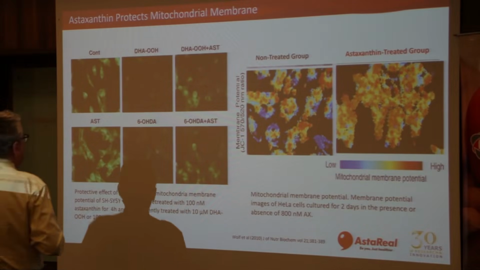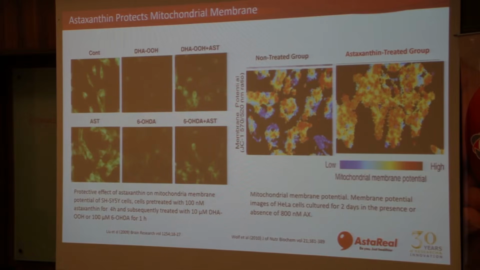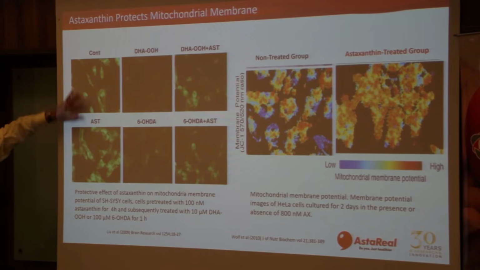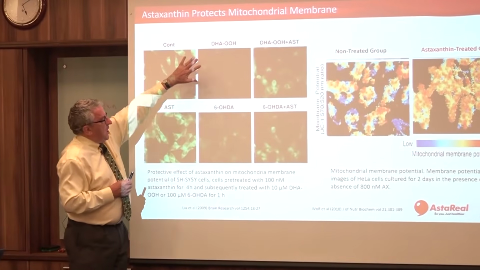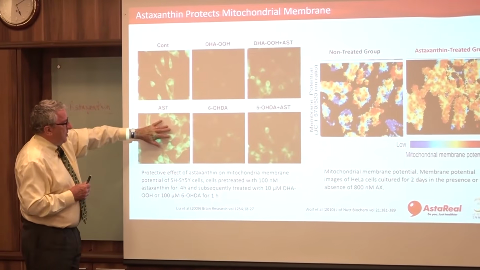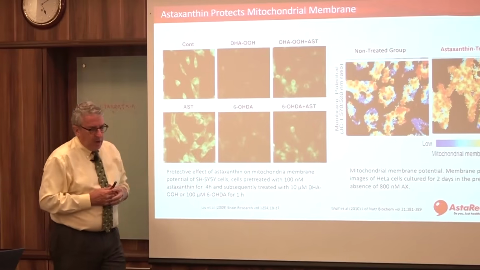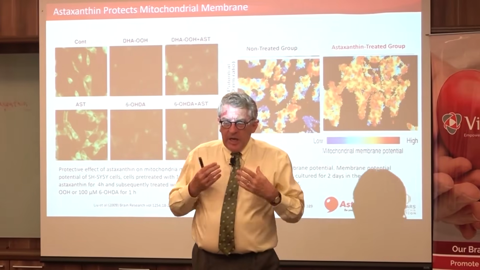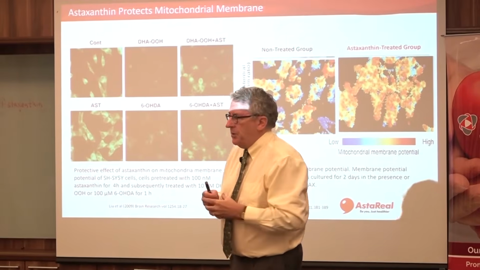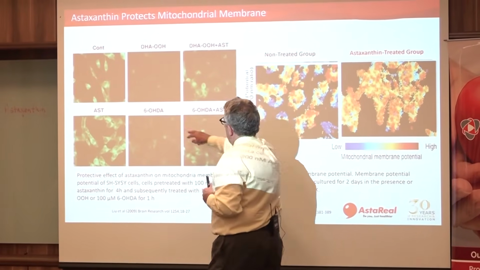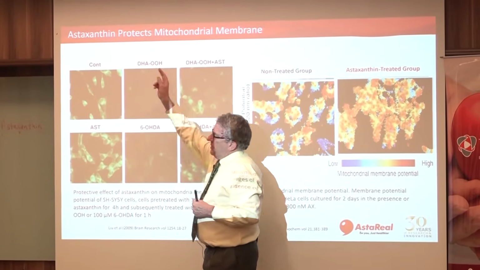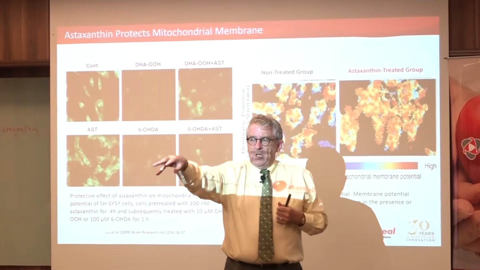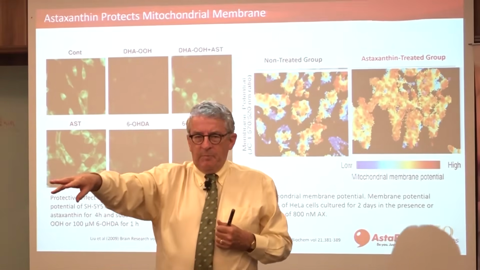Here we have some other cells, and in this case, the sort of precursor neuronal cells. So here is the control. This is the astaxanthin panel. In the middle, so what we're doing here is we've got a stain for mitochondria, fluorescent stain for mitochondria. And then we hit the cells with a toxin. There's two different types. We use 6-hydroxydopamine or DHA, fatty acid, that's been hit with a peroxide.